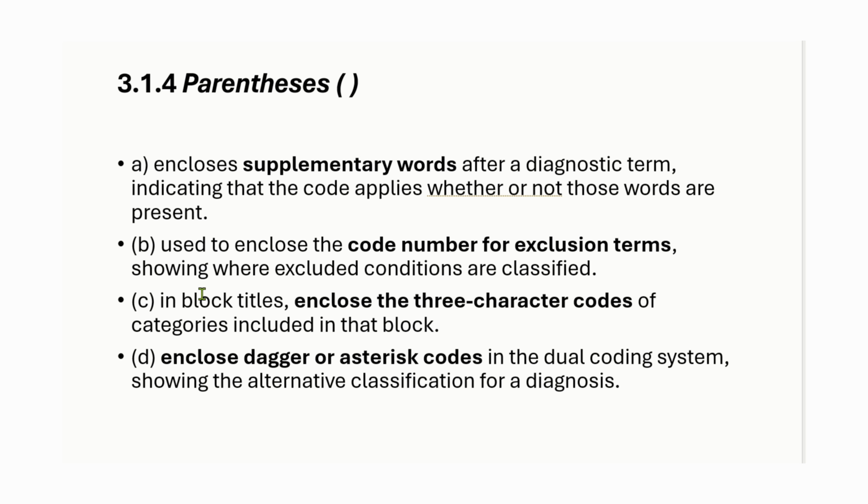They are used to include the code numbers for exclusion terms. In block titles, they include the 3-character codes of categories included in that block. And lastly, they enclose dagger or asterisk code in the dual coding system, as we saw a few moments before.